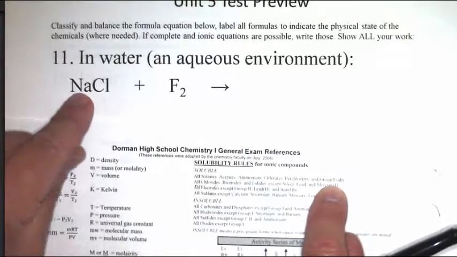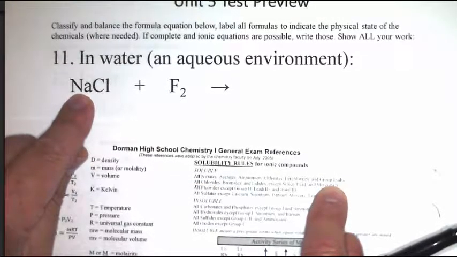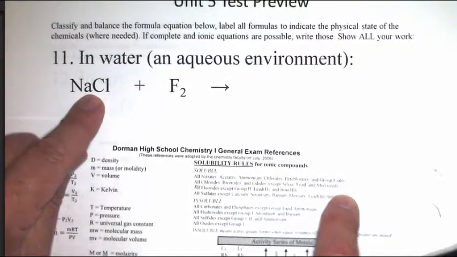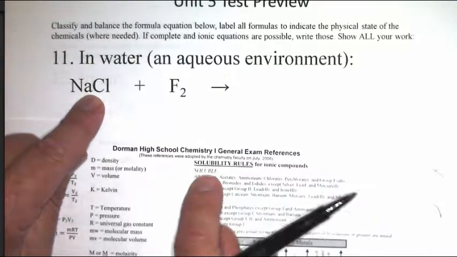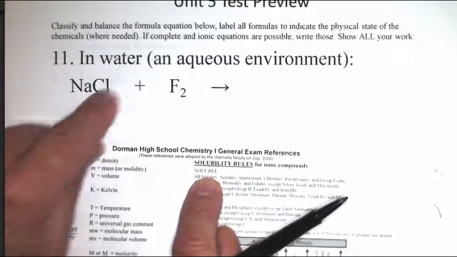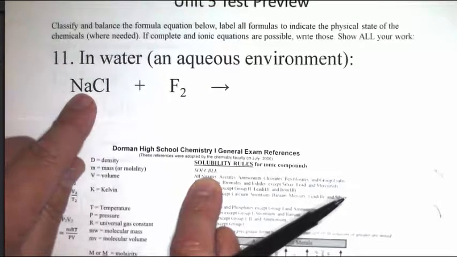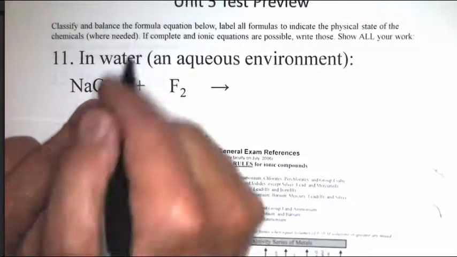Well, where is sodium found? In group 1 of the periodic table. So this is soluble for two different rules. If it's soluble, that means it will dissolve in water. If it's put in water, then it's going to be dissolved in water, and we'll call it aqueous. And it's aqueous because it's been solvated. So we're going to call this aqueous.